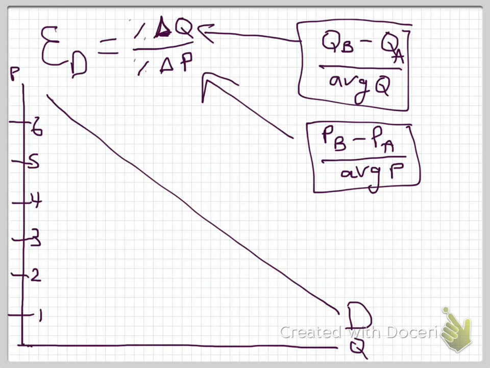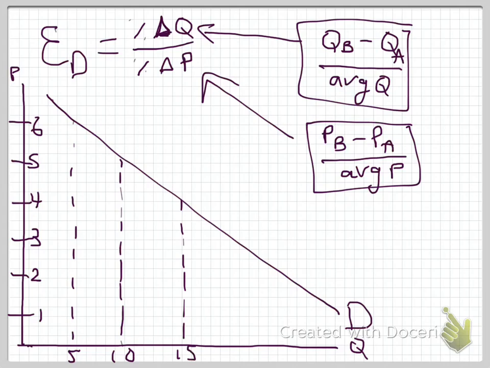Okay, we're going to call that 5, and 10, and 15, and 20. I can see something on my graph that's in the way.